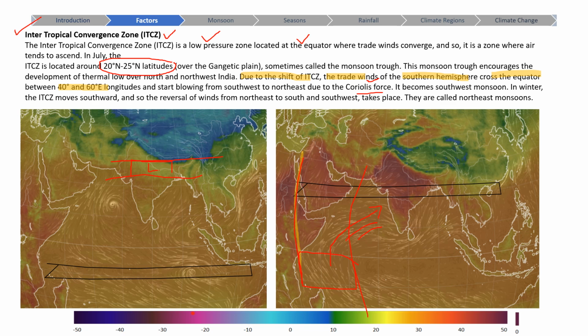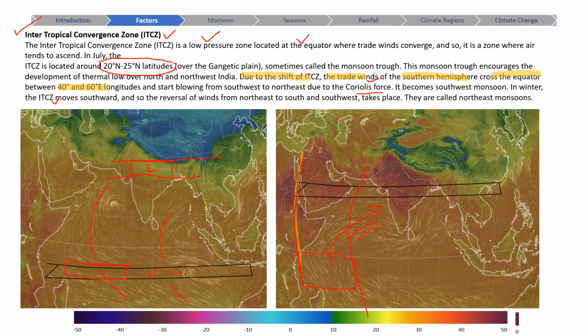So in winter time, the ITCZ moves towards the southern side. You can see this gap here. This is the ITCZ. The winds are coming down here and meeting at this place, the low pressure.